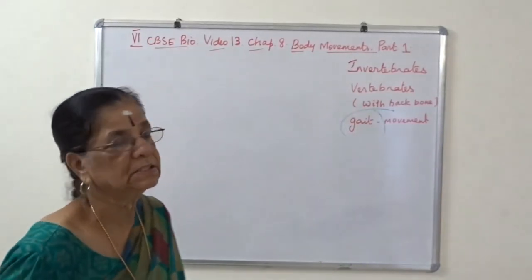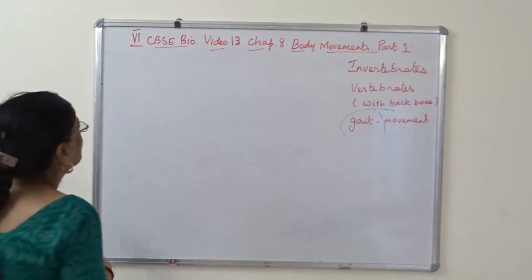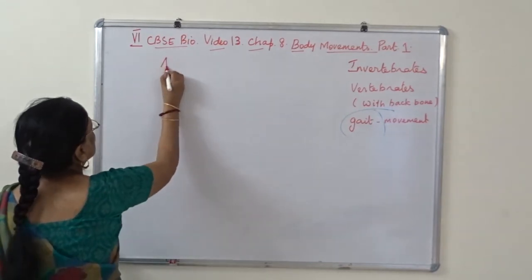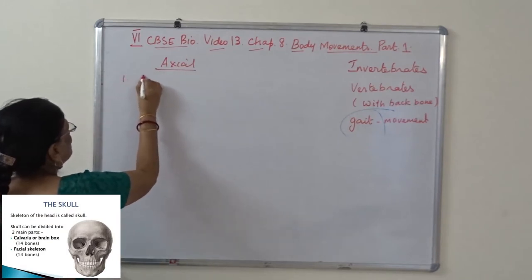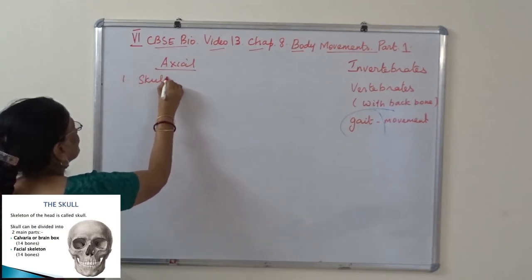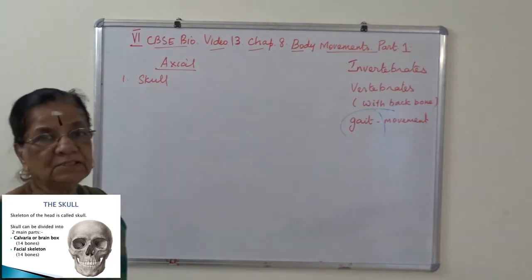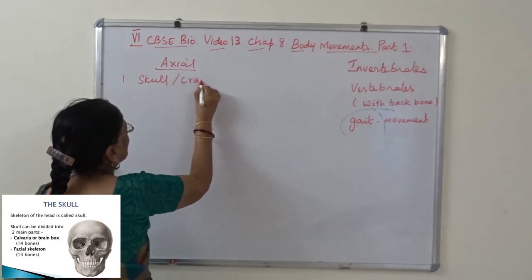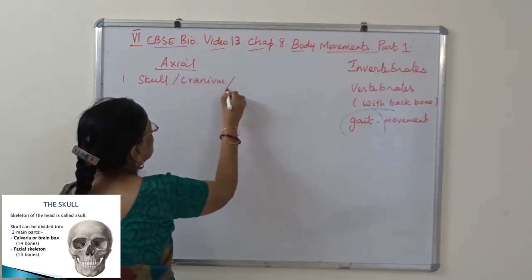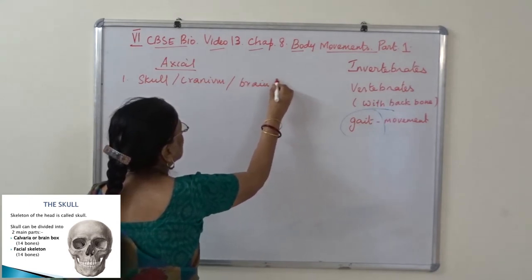We'll just continue. Now this axial skeleton, we are first talking about the skull. First we will learn about the skull. We say skull is also known as cranium or brain box.